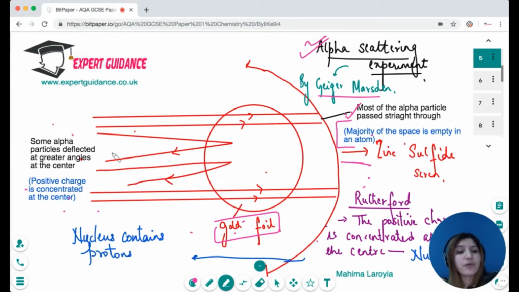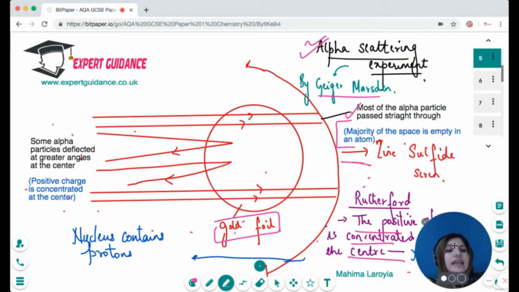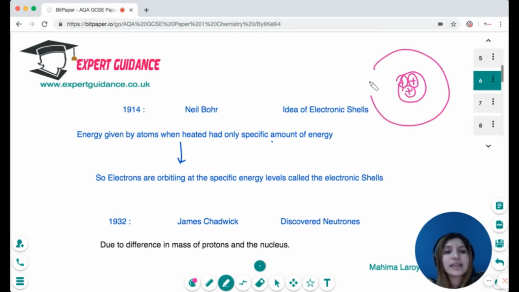Therefore, Rutherford modified the structure of J.J. Thomson, and he said that the positive charge concentrated at the center is the nucleus. So he refined the structure, and he said that there is a nucleus at the center consisting of positive charged subatomic particles, and the electrons are revolving around this nucleus.